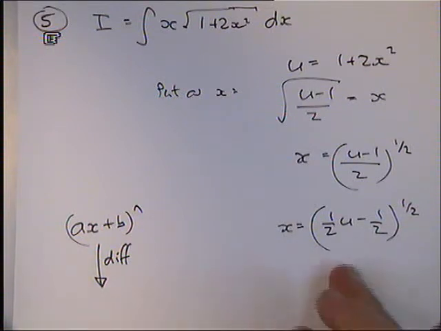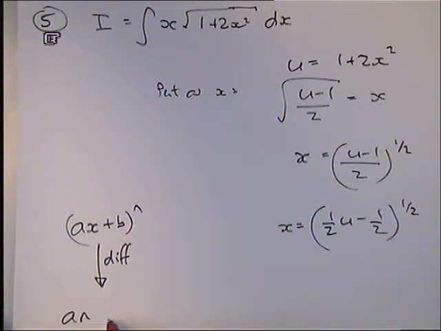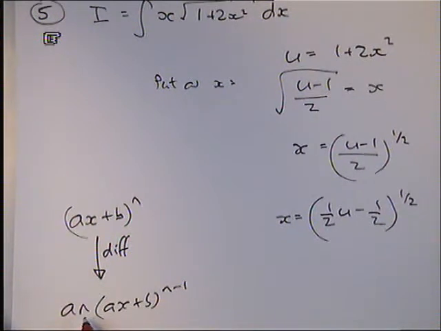And we'll use that over here. Yeah, okay. The powers come down the front. The coefficient of x's comes down the front. Bracket stays there. Knock one off the power. So that's how we differentiate something.